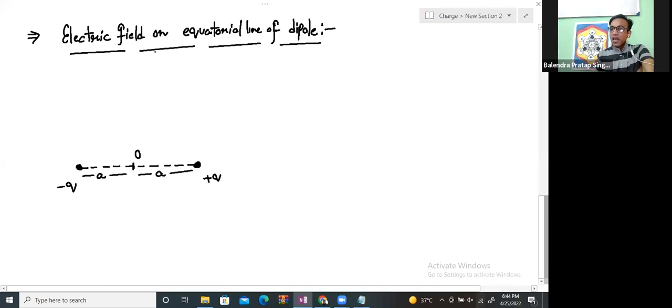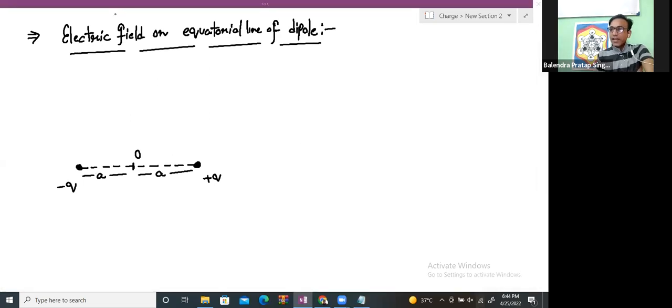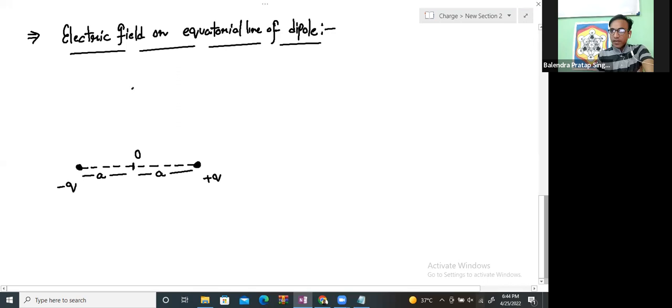If I take a point somewhere here, the line passing through this O can be considered the equatorial line, and at this line we want to find the electric field.